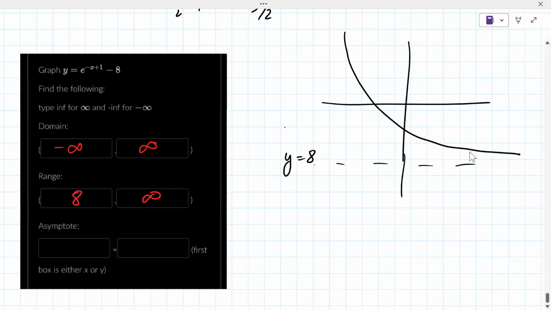Even though it goes here, it goes up forever. And then I've already listed the asymptote here. It's always the vertical shift. Maybe another lesson we can spend a little more time on that. Sorry, it's a little bit rushed at the end, but we always wanted to get through everything.